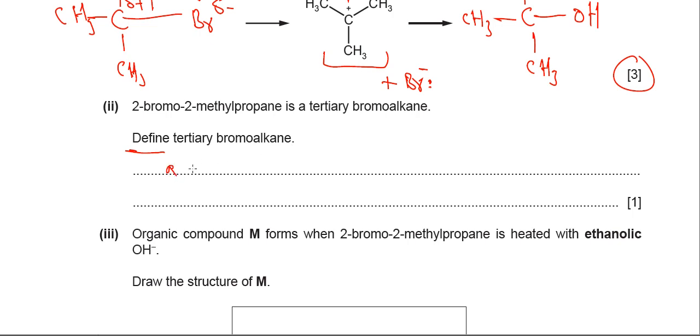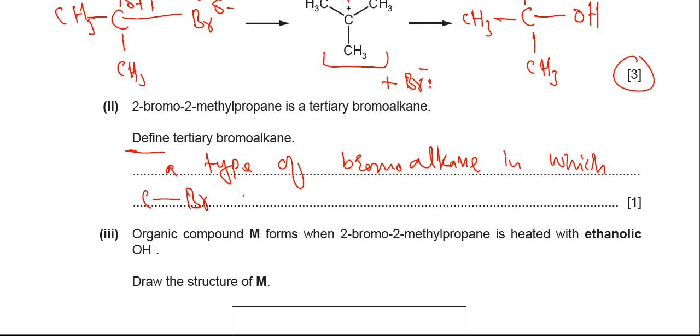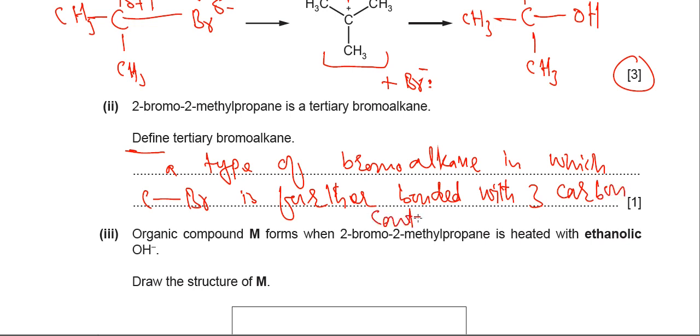So we can say a type of haloalkane or bromoalkane in which the carbon atom bonded with bromine is further bonded with 3 carbon containing species.